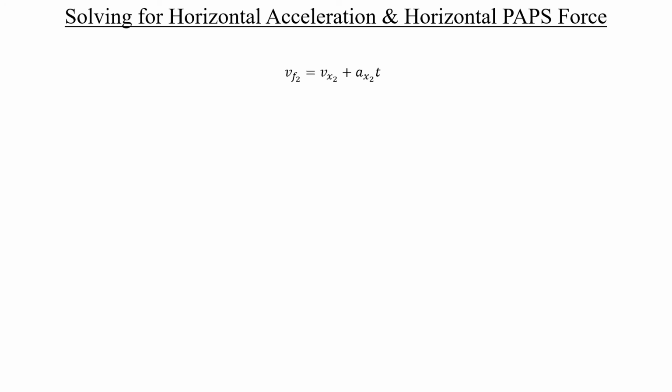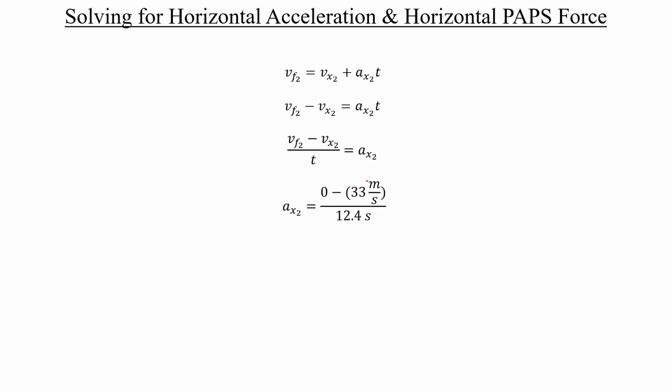I want to solve for the horizontal acceleration, a sub x2. And so I'm going to algebraically manipulate it and isolate that variable. I know the numerator, and I just figured out what the time was, and so that's going in the denominator. So I know what this is now.